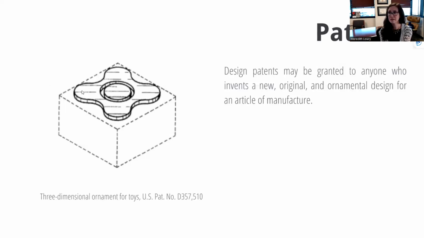Also, if this design got applied to a different shaped block, because this block is not actually claimed in the patent, it is just for this flower design, then it would be infringing. This is why we see partial designs, and why you need someone that knows what a partial design is, rather than just filing a design patent.